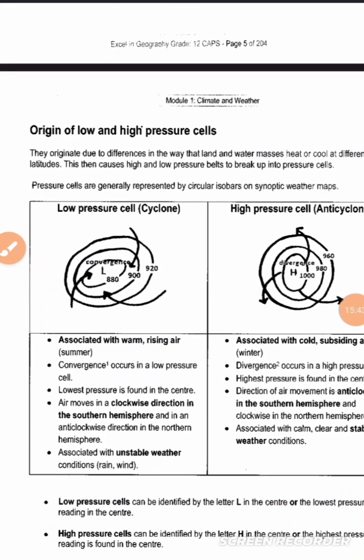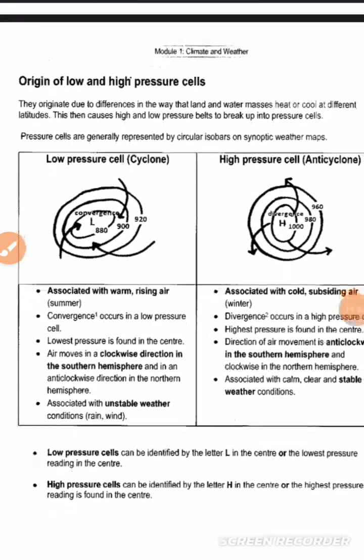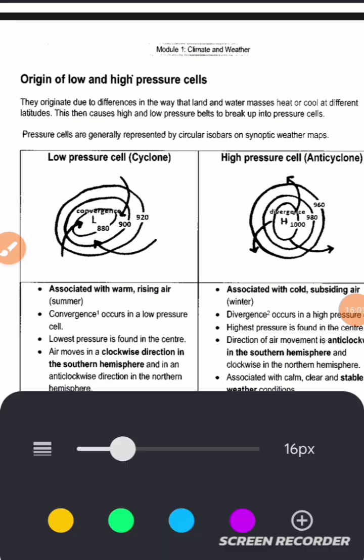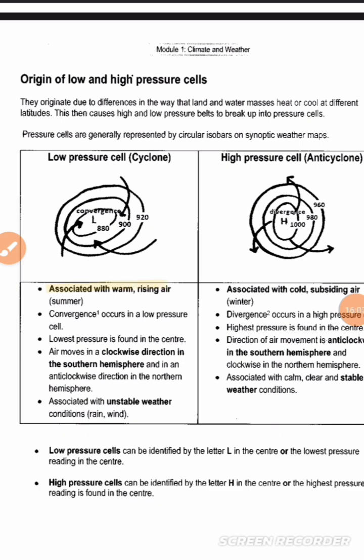Okay, let's see. We have low pressure, as I've already indicated. Low pressure is associated with warm rising air. This is very important. Warm rising air is what a low pressure is.